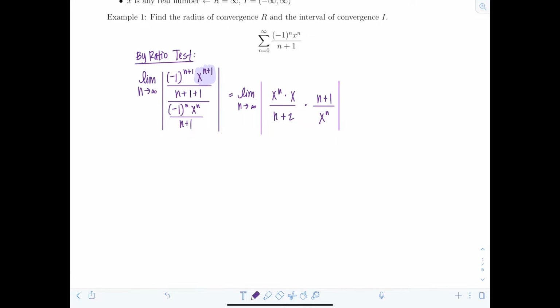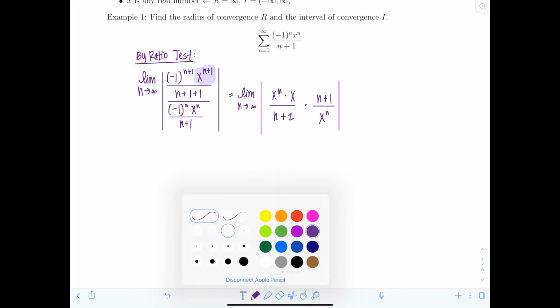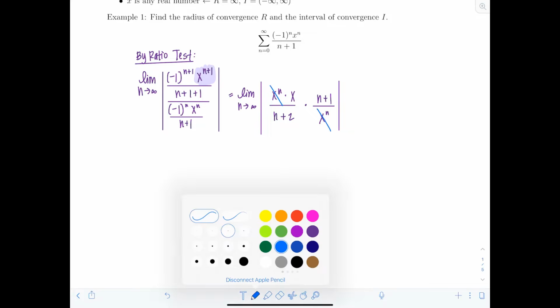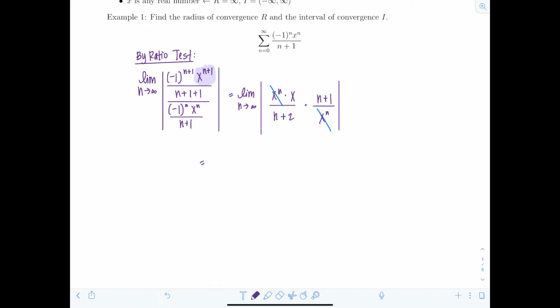Okay, looks nice. So let's see, what can we do to clean things up? I can cancel out this x to the n, and then now I have the limit as n approaches infinity of the absolute value of x times (n plus 1) over (n plus 2).